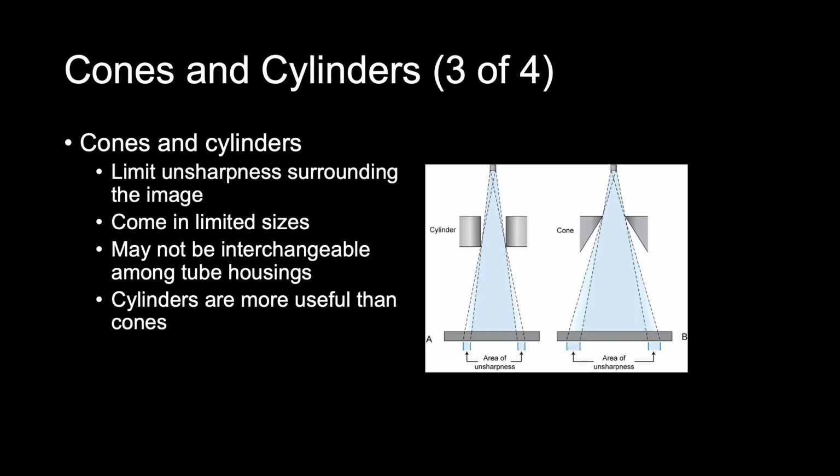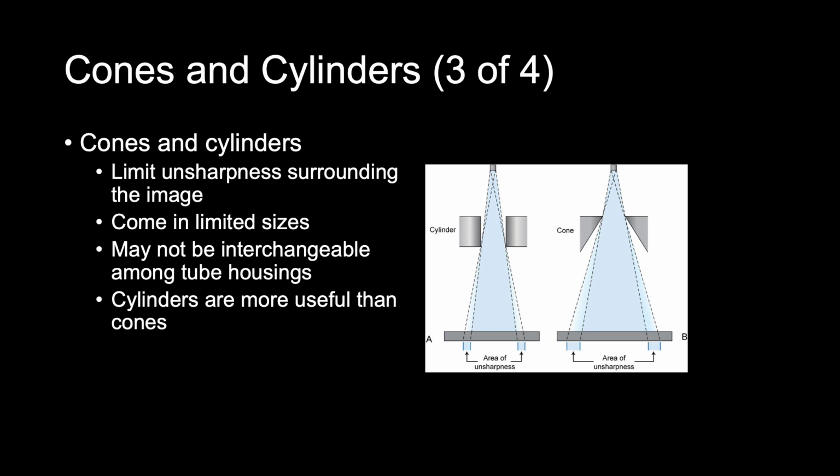Cones and cylinders limit the unsharpness surrounding the radiographic image more than the aperture diaphragms do, with cylinders accomplishing this task slightly better than the cones. They are limited in terms of the sizes that are available, and they're not necessarily interchangeable among different tube housings.